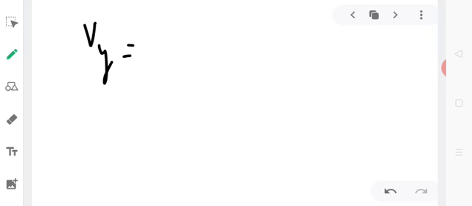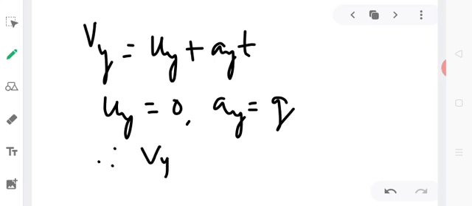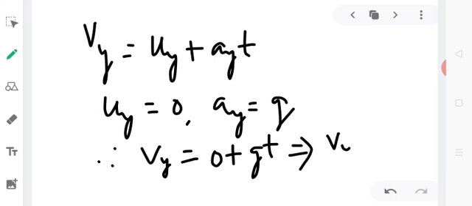Vy equal to uy plus ayt. Now we know that uy is equal to 0, ay is equal to g. Therefore Vy will be equal to 0 plus gt, which implies Vy is equal to g into t.